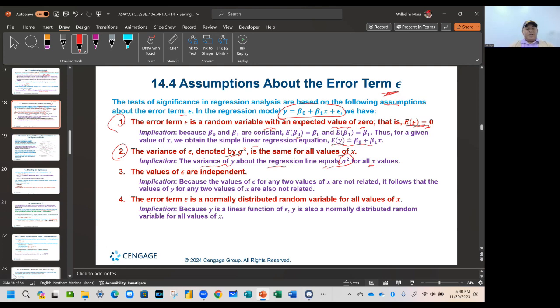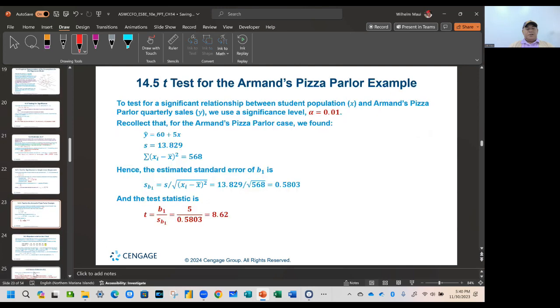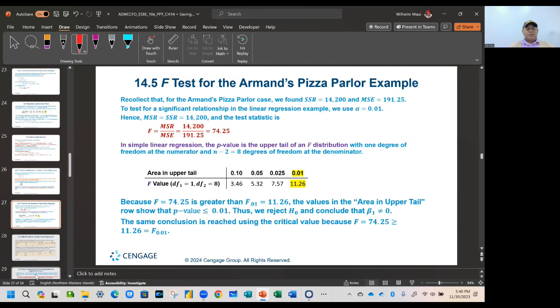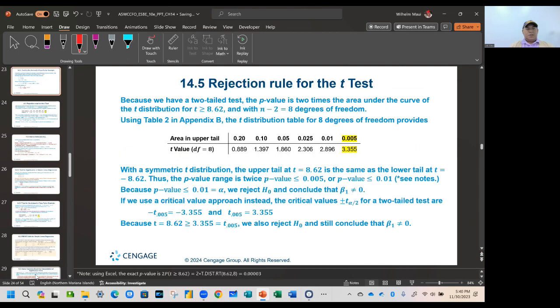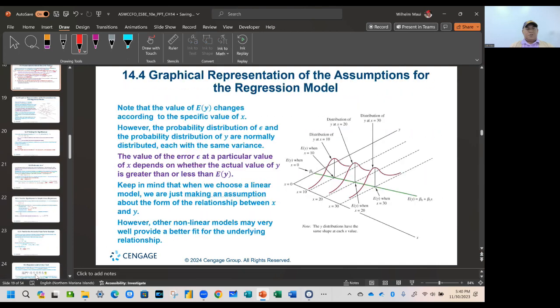There's a chart that does it, let me find it. Is it here? Yeah, this one here.